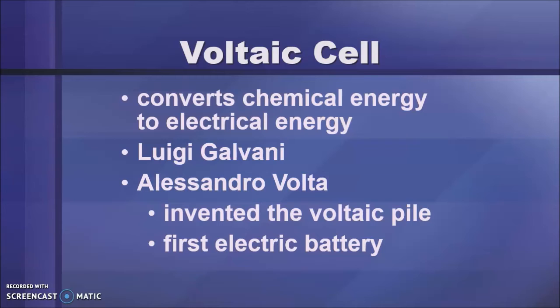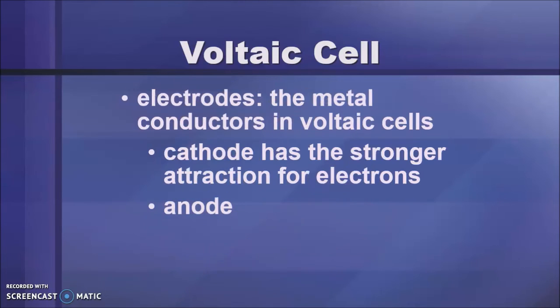All right, so what we have here is an understanding that if you have two different metals and you have a conductor between them, you can conduct an electric current through those two different metals and through the conductor. And this is actually where we got our idea of the first battery.